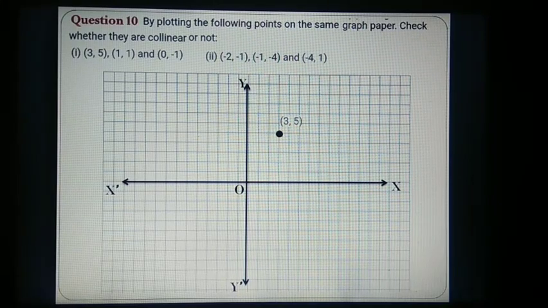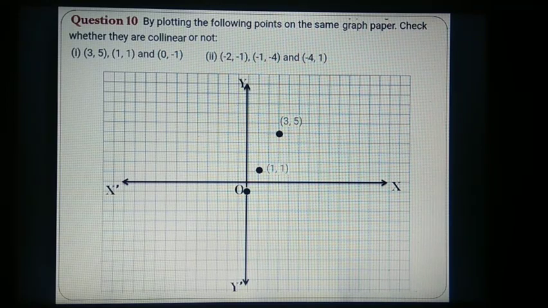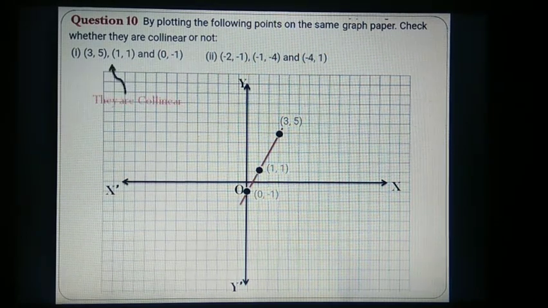So this is my 3 comma 5, 1 comma 1 and 0 comma minus 1. Now take your scale and try to draw all the points in one single line. Okay, so I am able to draw all the points on a single line, so that's why the given points are collinear. Okay, so pause the video to note down.